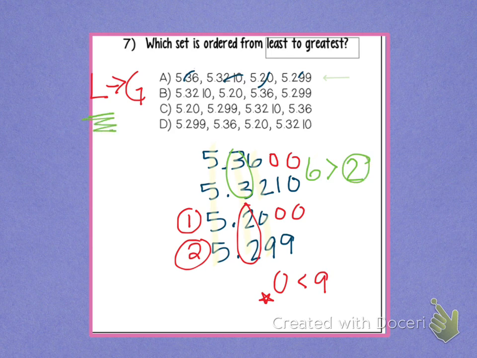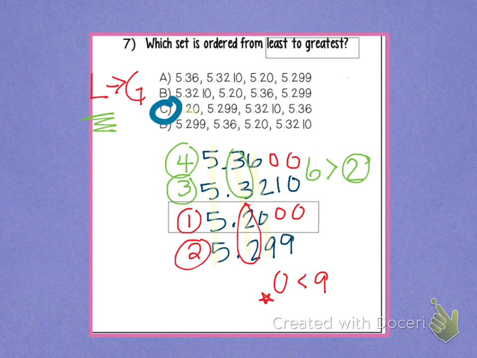So I want the least of the two, which means that this is third and this is fourth. So if I'm looking in order right here at my answer choices, can we notice that this one's the only one that starts out with our first number from least to greatest? So then our answer is C.